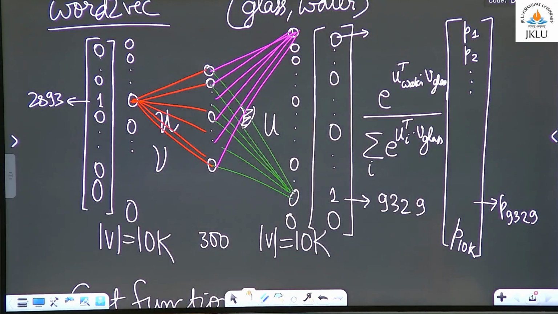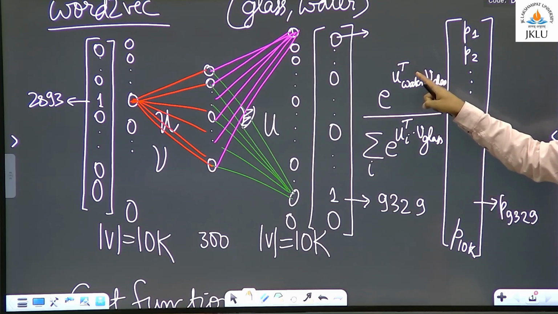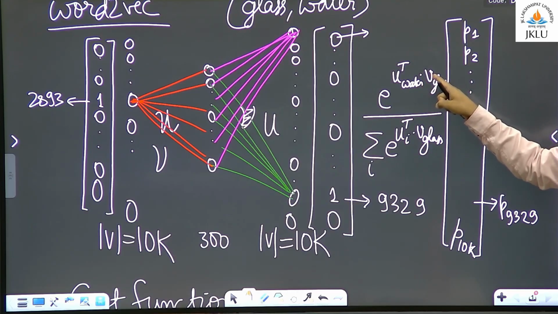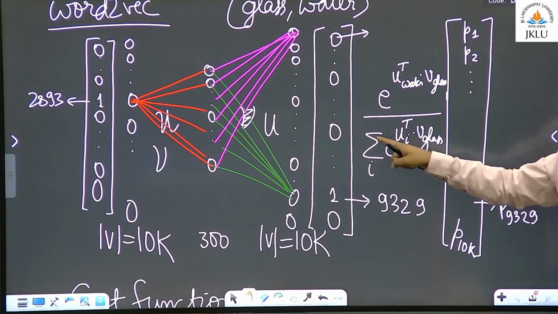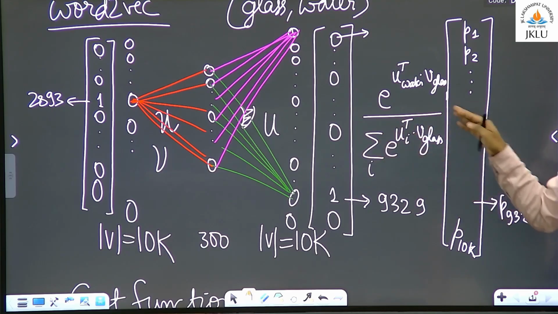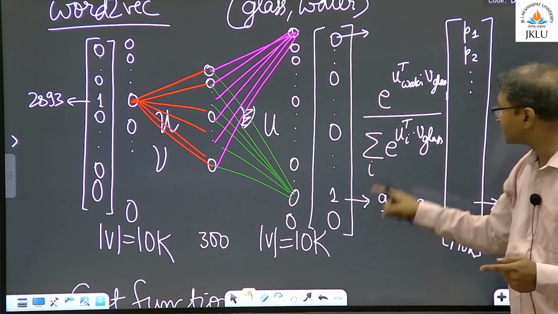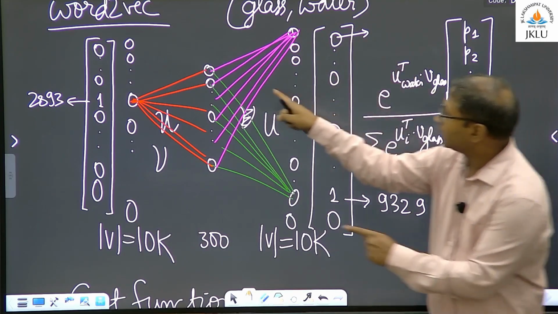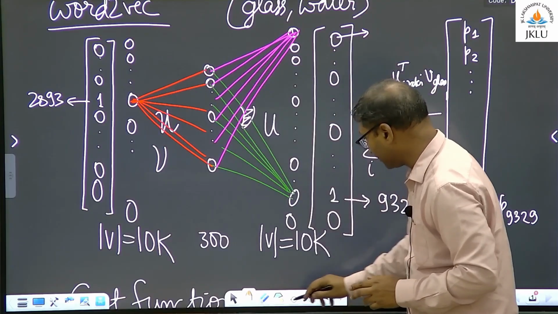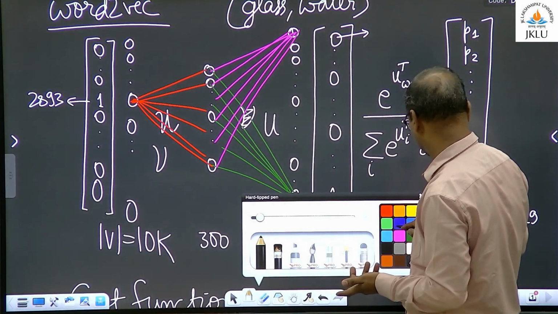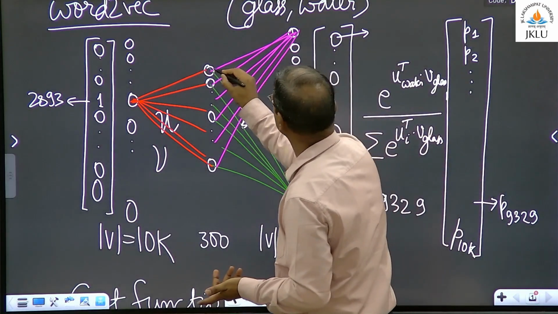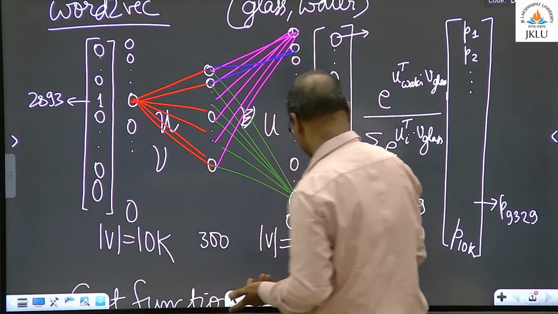Assuming that word is a, it will be e to the U transpose a, glass will remain glass, so V glass divided by the same thing, right? Because it is softmax. So for all these terms, the denominator is this, but for the first one you will have this pink vector, for the second one you will have maybe blue. So for the second one you will have, so blue is not visible.